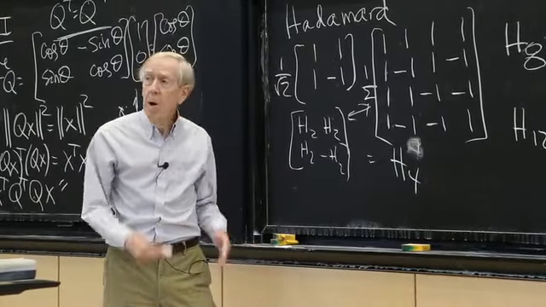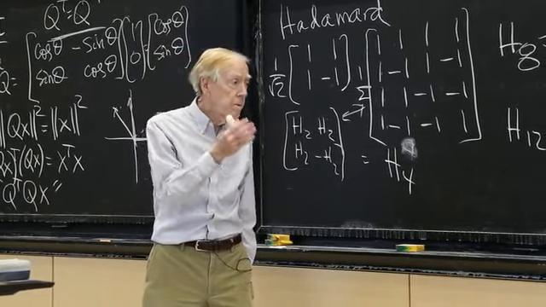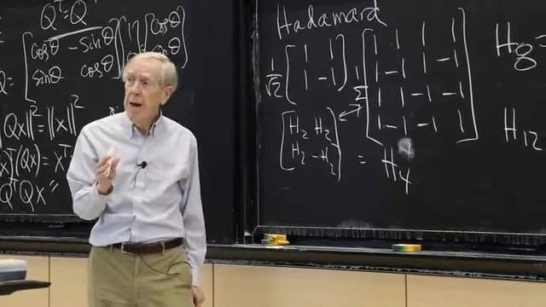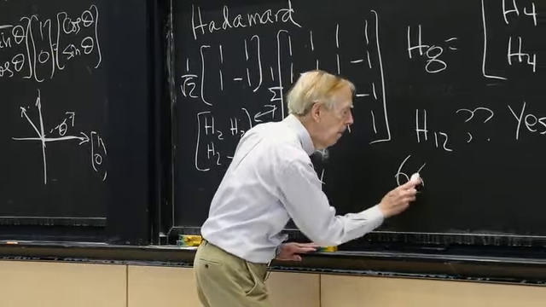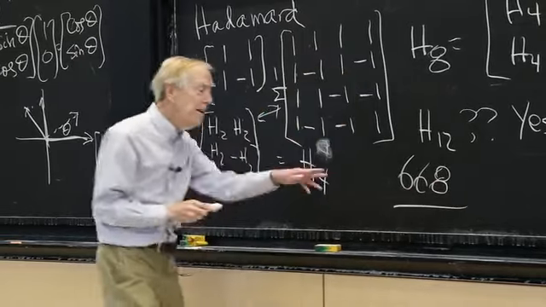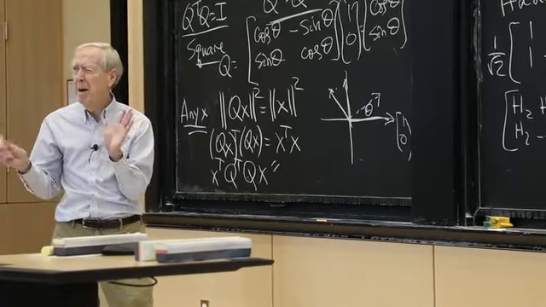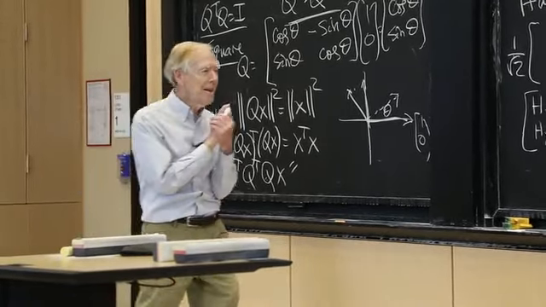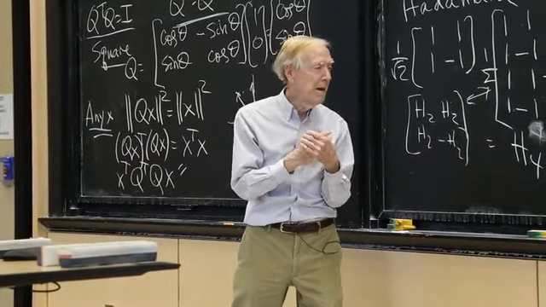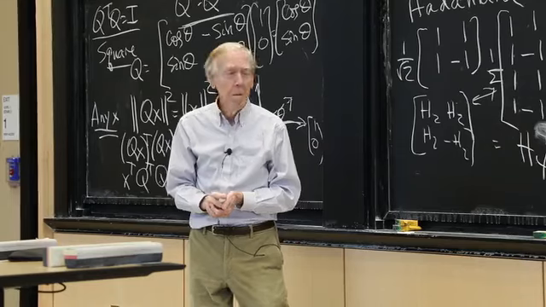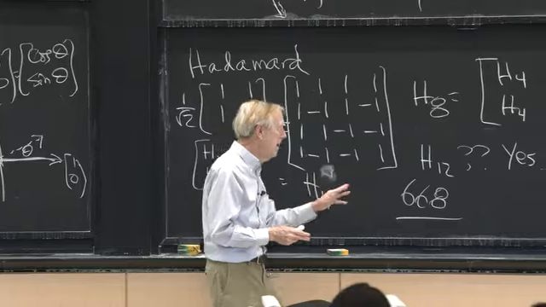But nobody has a systematic way to create these things. At this point, we're down to doing it one at a time. And we're up to 668. But we haven't got that one yet. Isn't that crazy? All this is coming from Wikipedia, my source of all that's good in mathematics. Anyway, this is the conjecture. Conjecture means you don't have any idea whether it's true or not.